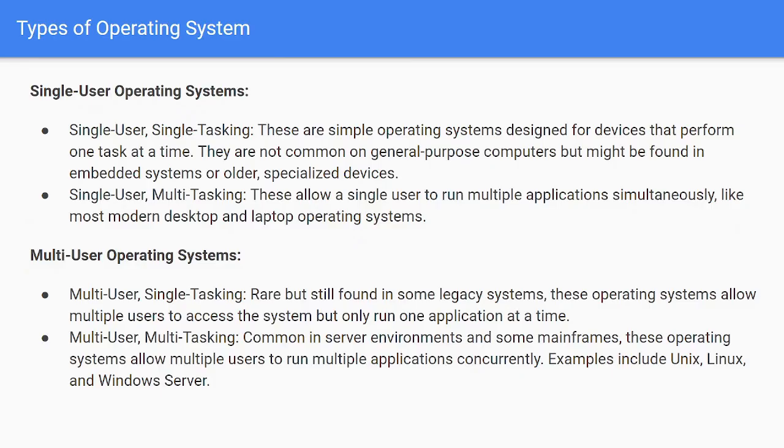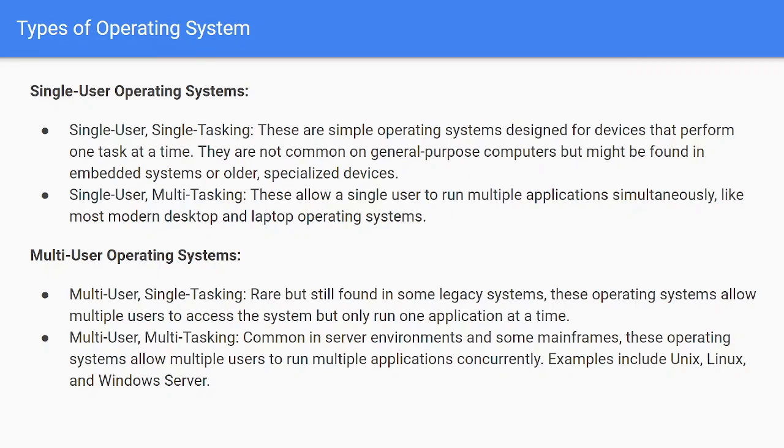Number one, we have the single user operating system. First, single user, single tasking. These are simple operating systems designed for devices that enable one task at a time. They are not common on general purpose computers but might be found in embedded systems or other specialized devices.